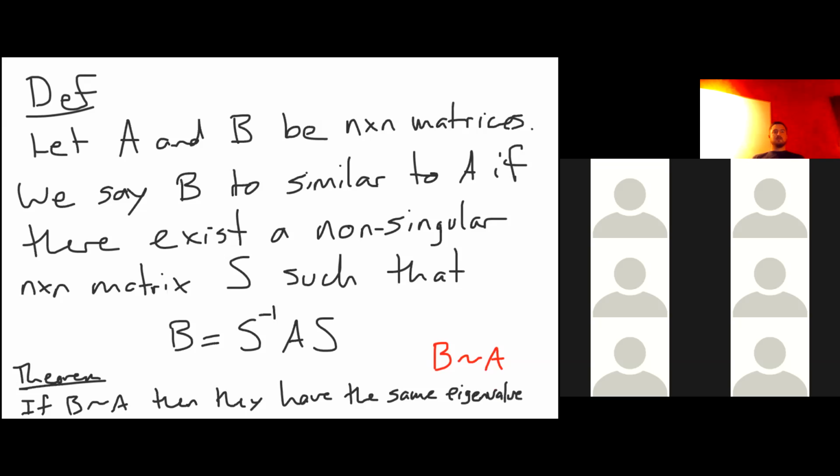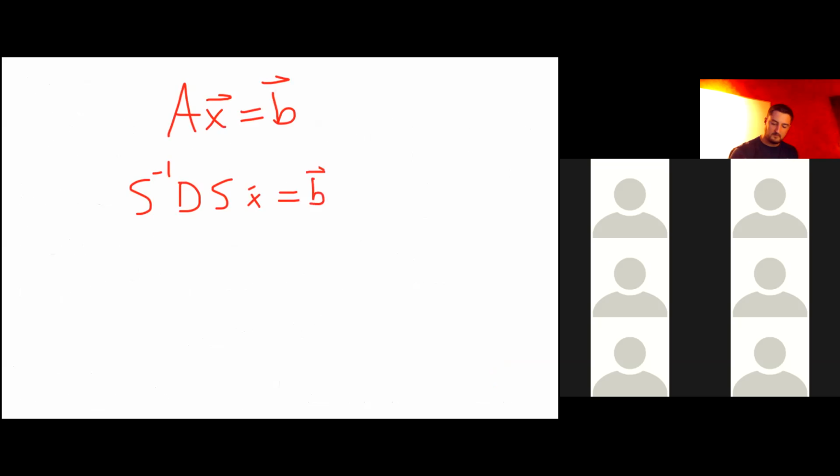When we talk about diagonalizable matrices on Tuesday, it depends on this definition. Our overall goal, when solving the system of equations AX equals B, is to find a similar matrix where this D right here is a diagonal matrix.